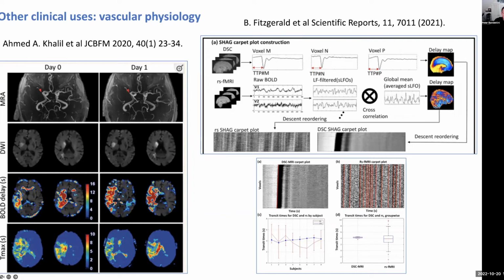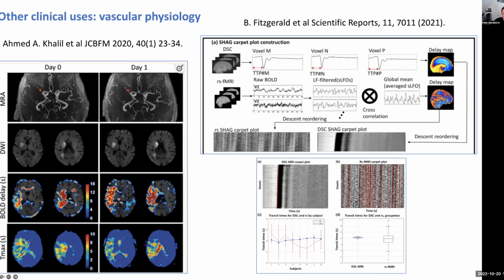It's really nice. Basically, the idea is that you take the global signal and map the BOLD delay relative to the global signal, the relative latencies on a voxel-wise basis. This is a patient that had a flow deficit and showed up with DWI, an area of inflammation.